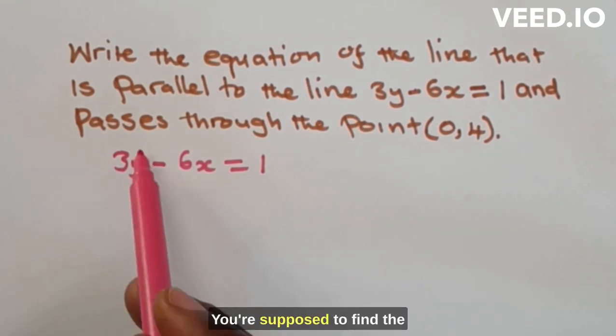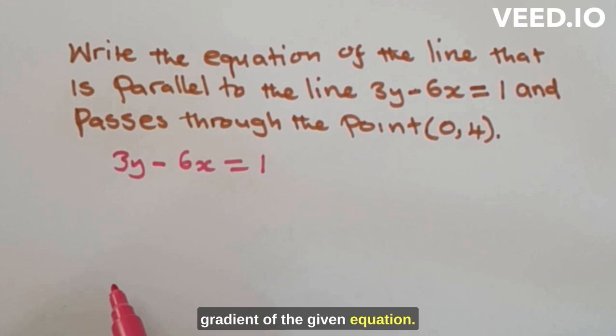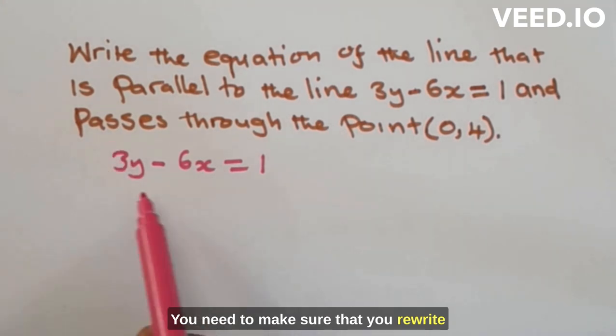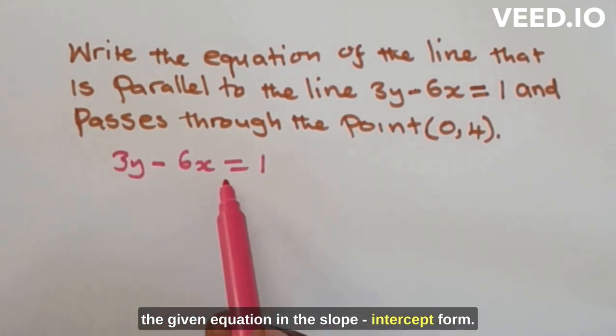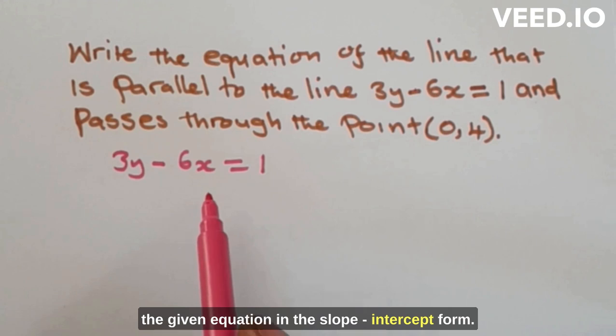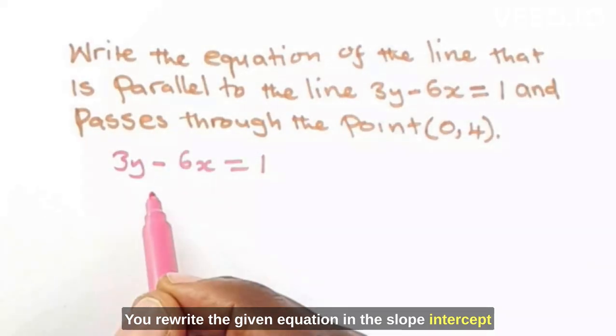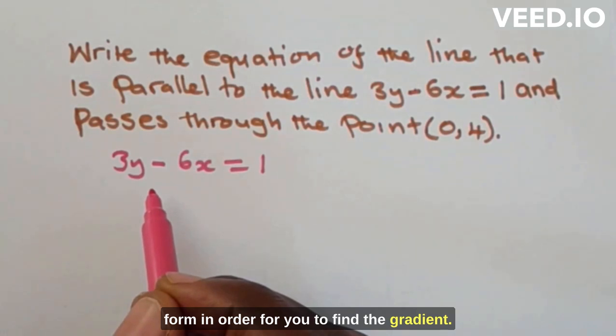How do you find the gradient? You need to rewrite the given equation in the slope-intercept form in order to find the gradient.